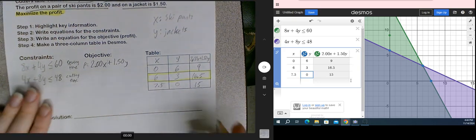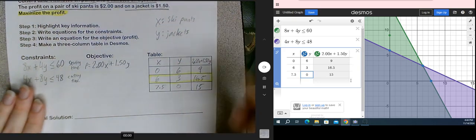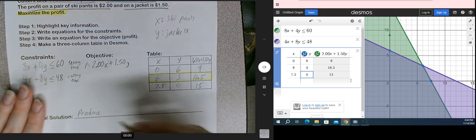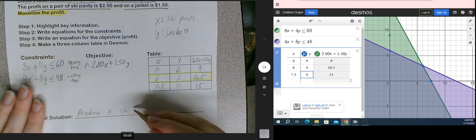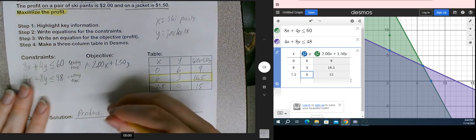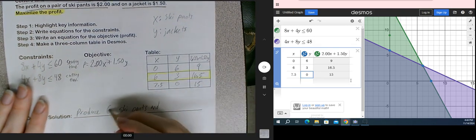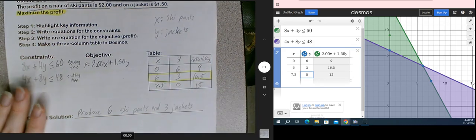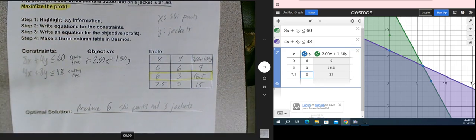So the optimal solution is to produce this many ski pants and this many jackets. Produce 6 ski pants and 3 jackets. There you go. That is how you do an optimization problem.